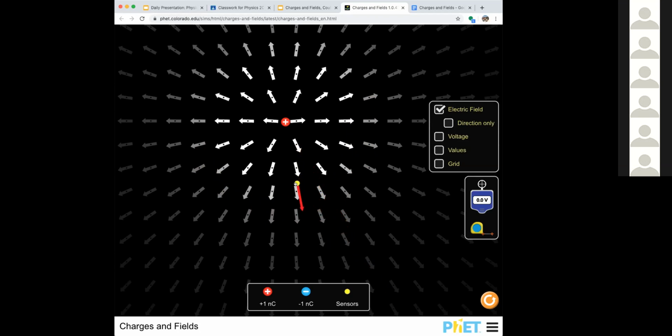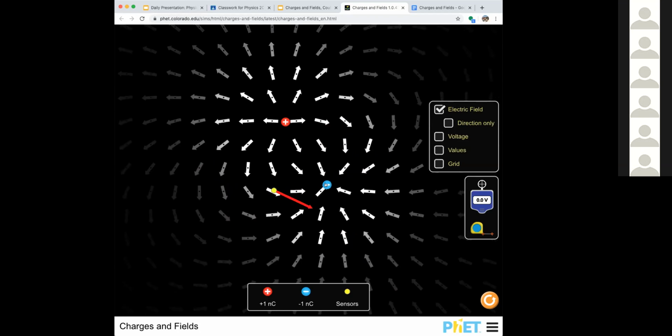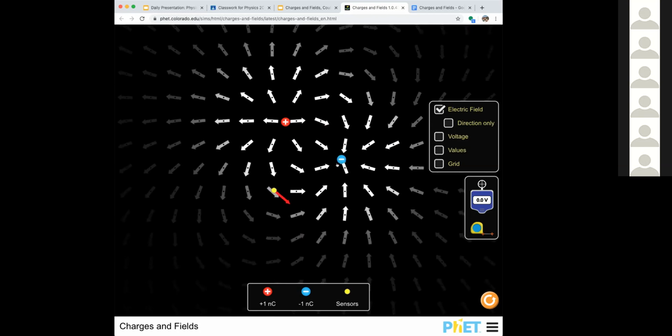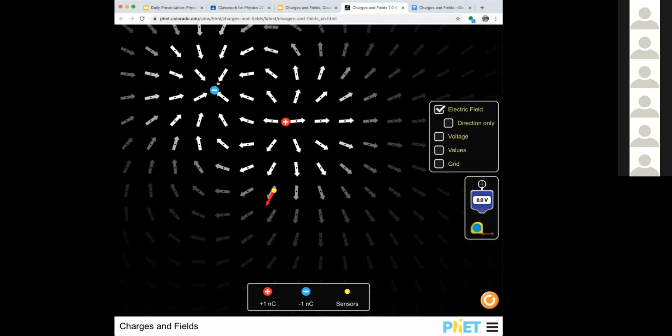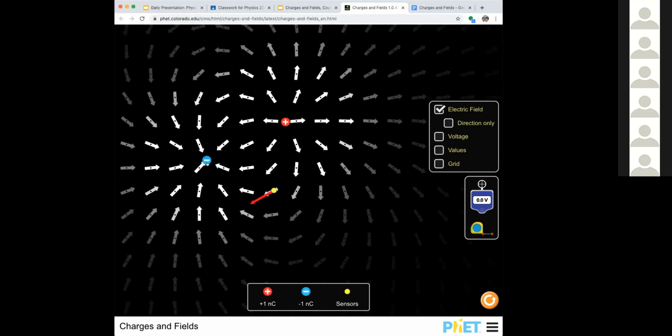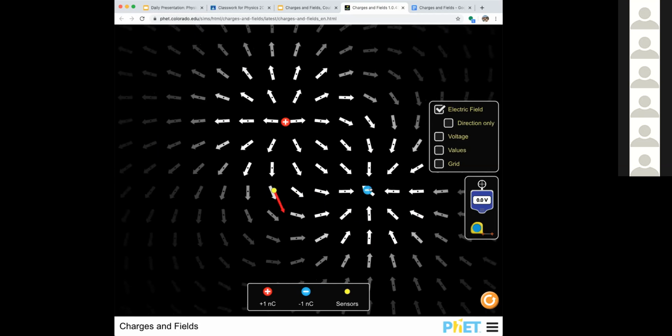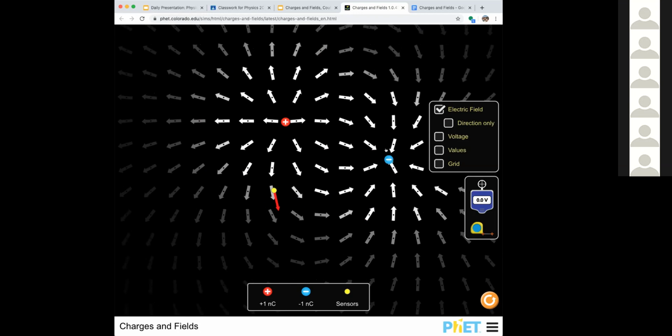Now, what you're going to do is play around with all sorts of combinations of different charges. All right, these are measured in nanocoulombs. So if we put a different charge in here, we see how the field completely reorients, right? And there's all sorts of different vectors that pop out as a result.